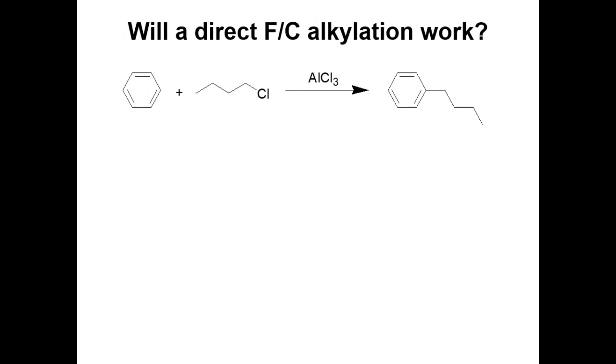One possible way for a student who just learned the Friedel-Crafts reactions is that I need to install this alkyl group onto the benzene ring, so maybe I could just use the corresponding primary alkyl halide and carry out a Friedel-Crafts alkylation reaction. The question is, will this reaction work?